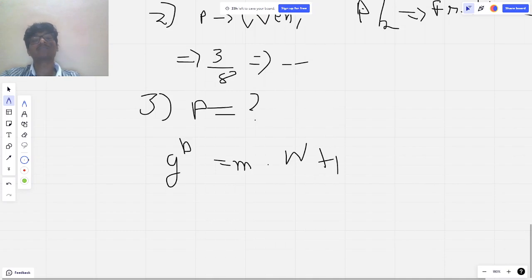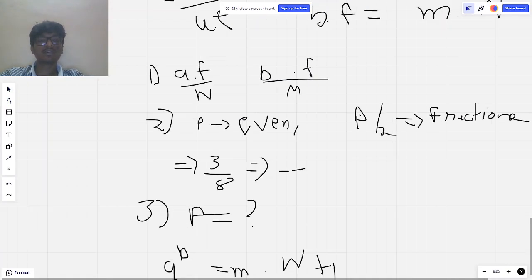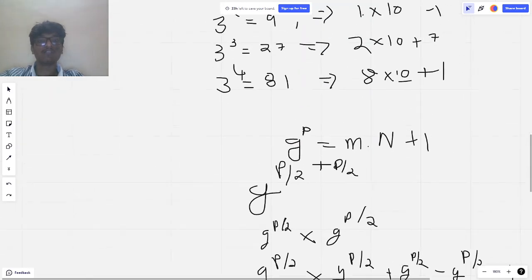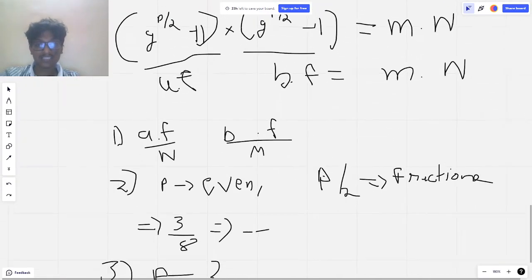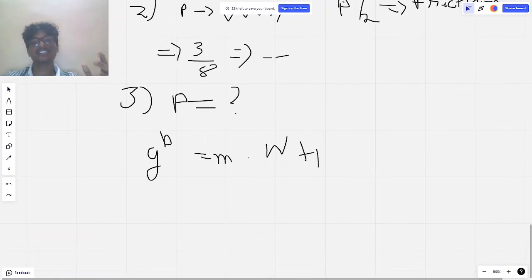What will this p be? In a previous example, for 3 and 10, since it was a small number, we were easily able to find it. Here p was 4, but as I said, n is a very large number, it may have 200,000 digits, whatever. So finding this p is extremely difficult in normal computing.